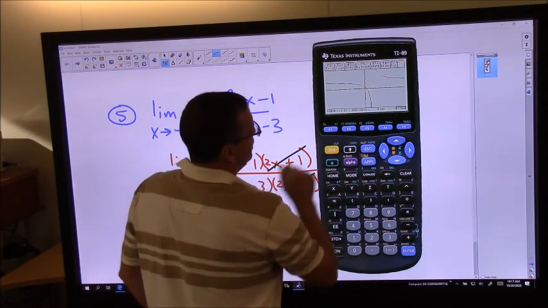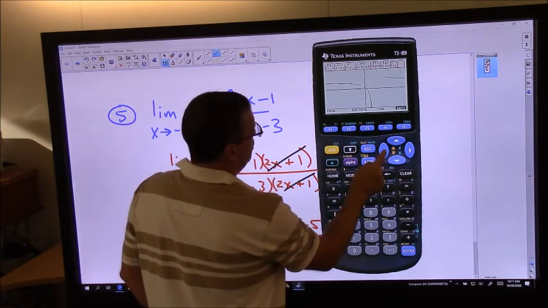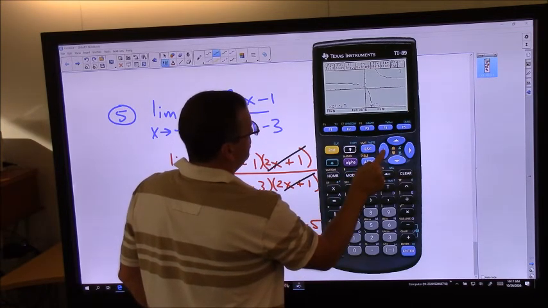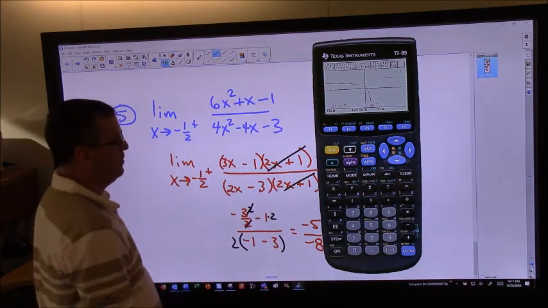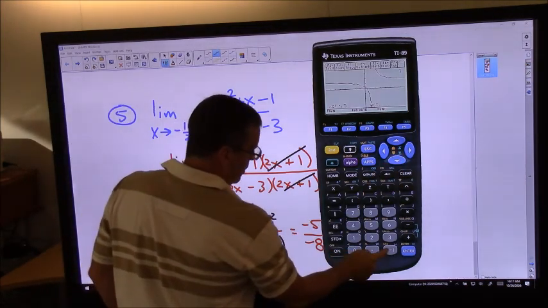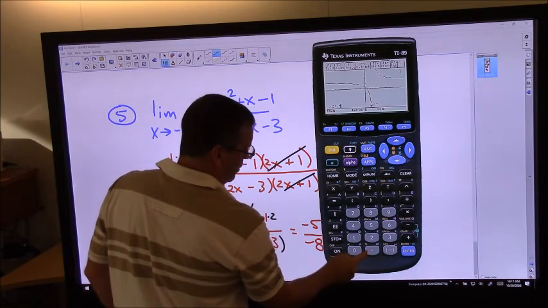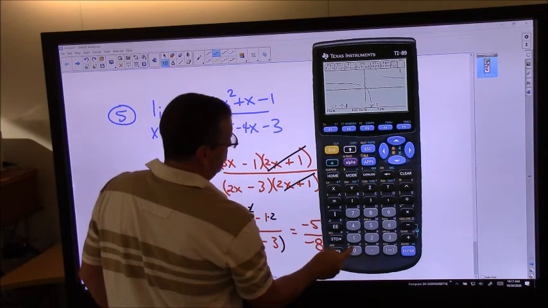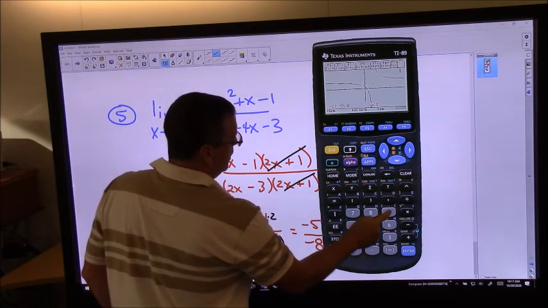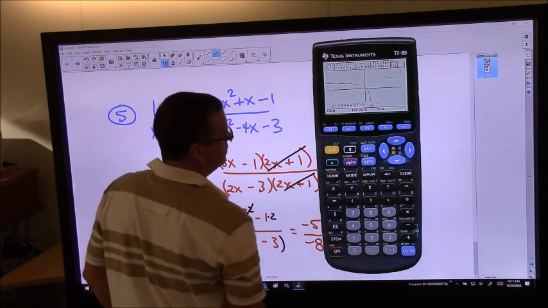And so if I hit my trace button and I get close to, oops, right there, see, now we're undefined. So what I want is negative 0.4999999, a whole bunch of 9s.